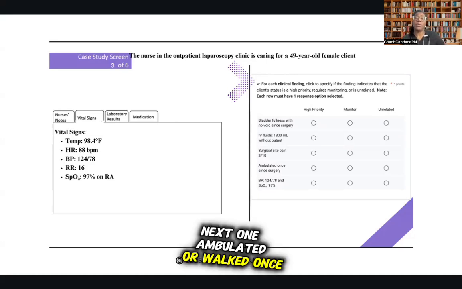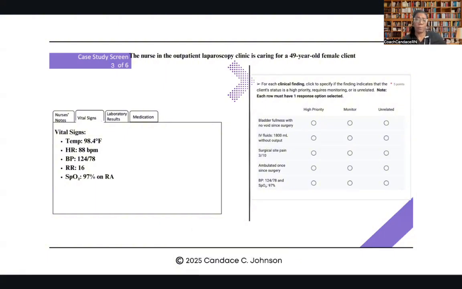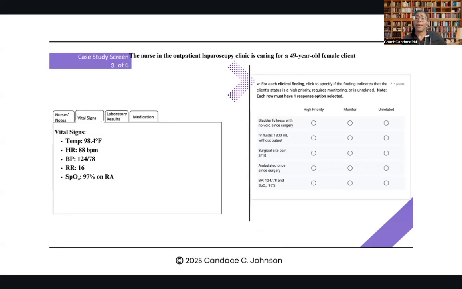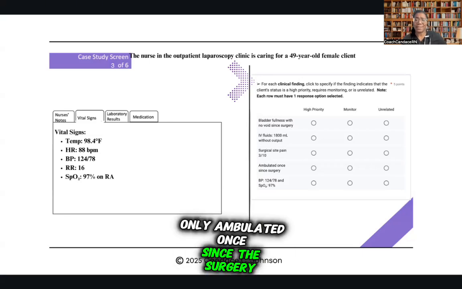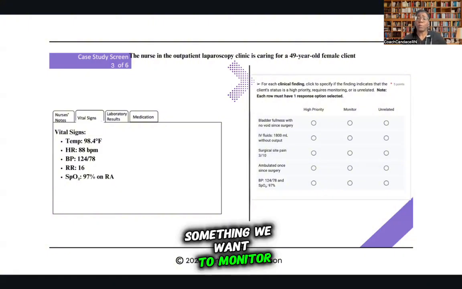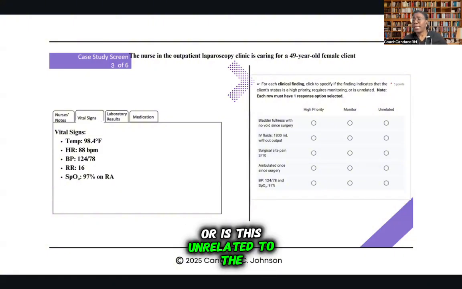Next one, ambulated or walked once since surgery. Have we ambulated once since the surgery? Yes, it looks like we've only ambulated once since the surgery. Is this a high priority issue? Something we want to monitor? Or is this unrelated to the scenario at hand?